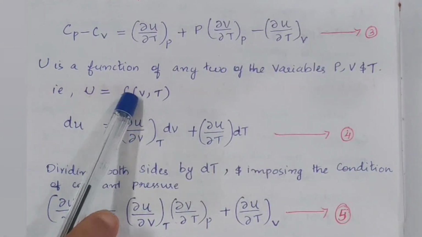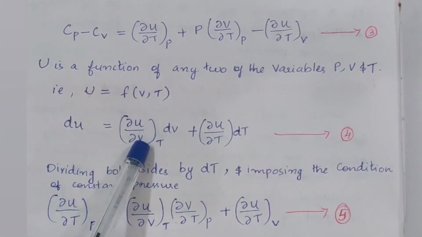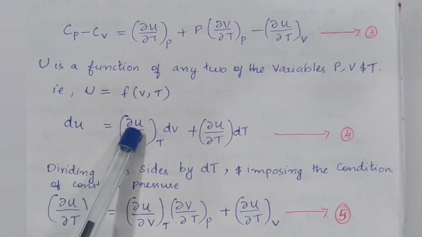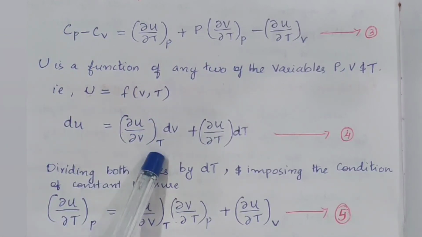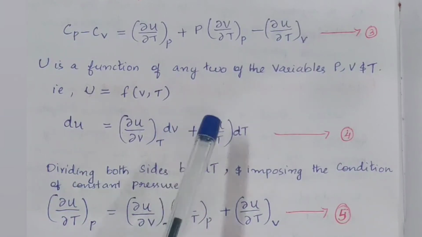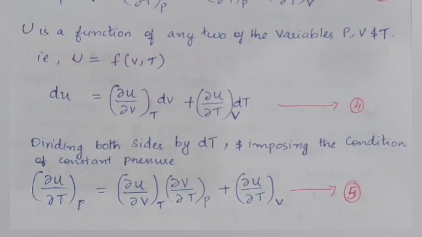Since U is an exact differential, we can write it as a complete differential: dU equals (∂U/∂V) at constant temperature dV plus (∂U/∂T) at constant volume dT. Dividing both sides by dT and imposing the condition of constant pressure, we are getting this term, equation number 5.